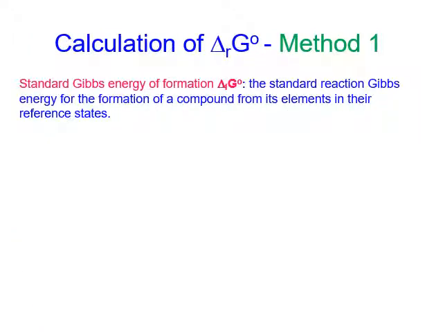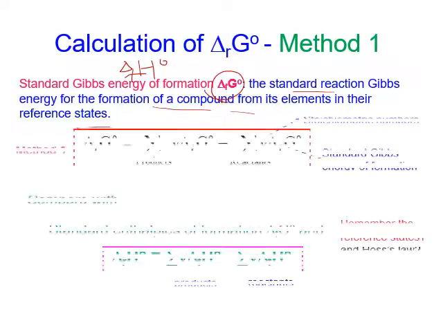We define the standard Gibbs energy of formation as the standard reaction Gibbs energy of the formation of a compound from its elements in their reference state. And you can see the definition is very similar to the standard enthalpy of formation. The formation of the compound from its elements in their reference state. So by doing that, we can imagine the reactants decompose into elements, recombine into products, and we can easily derive this equation.